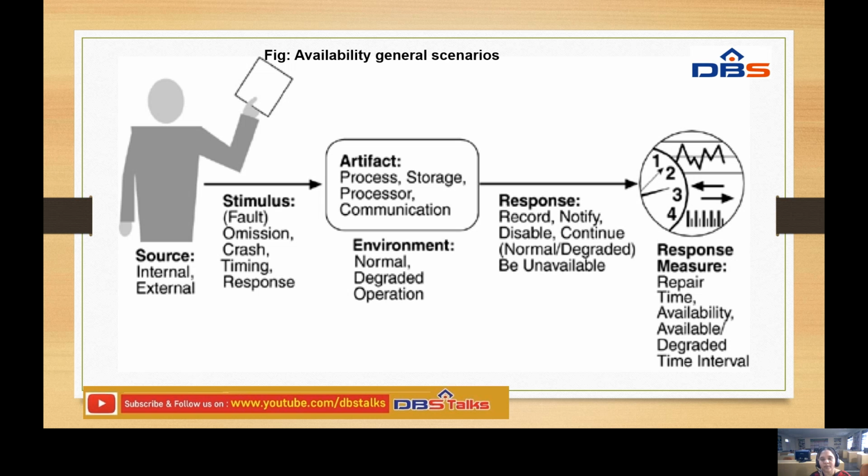Then this is the general scenario for the availability attribute. Either the event comes from an internal or an external source. Then it gets some stimuli: either a fault, omission, crash, timing, or response fault. Now, what happens to the environment?